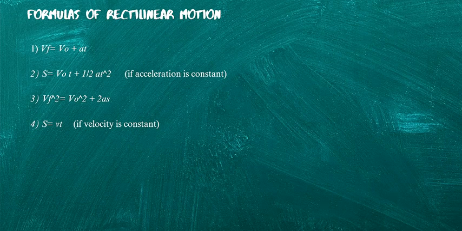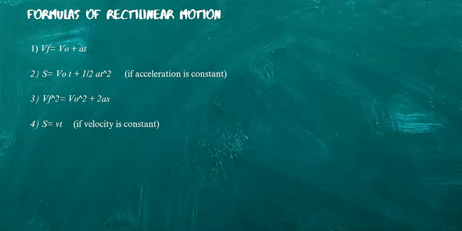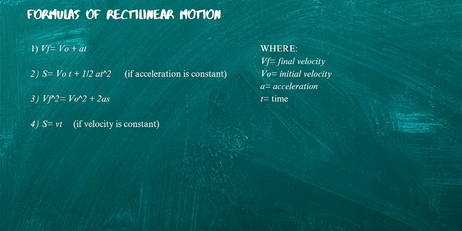We can use these three formulas if acceleration is constant. Lastly, S = VT if velocity is constant, where Vf is the final velocity, Vo is our initial velocity, A is for acceleration, and T for time.